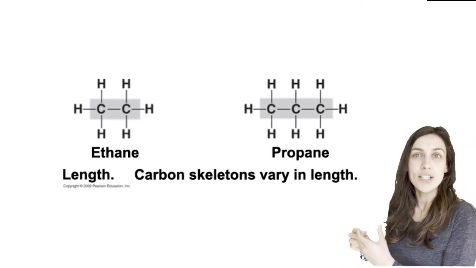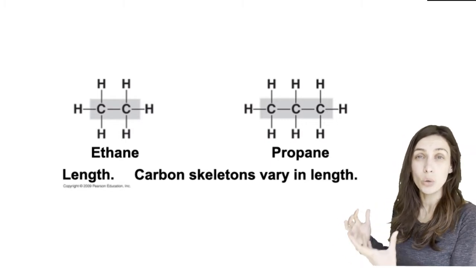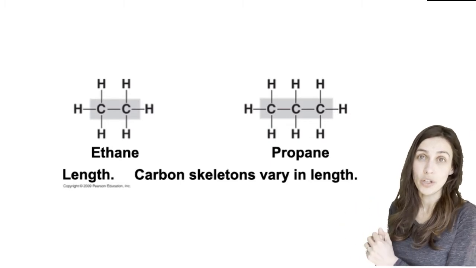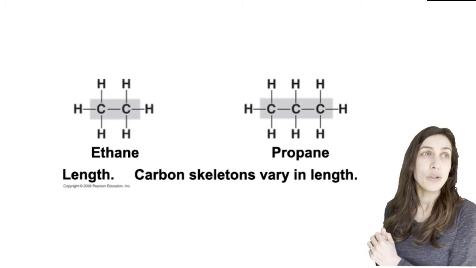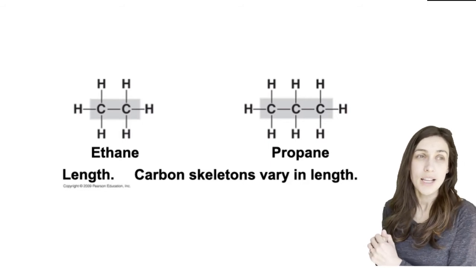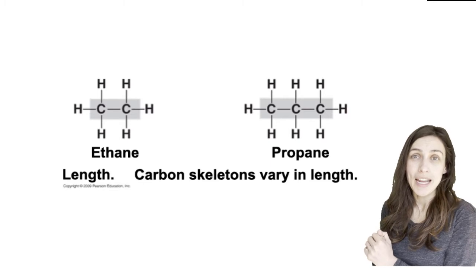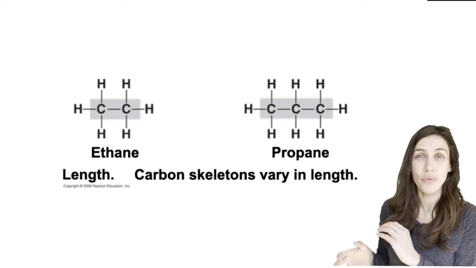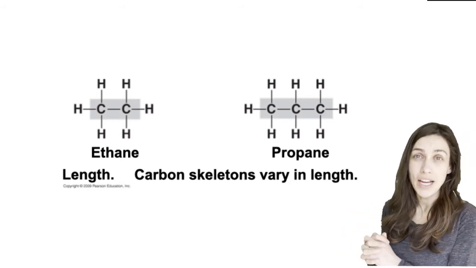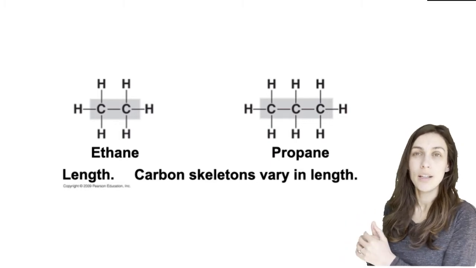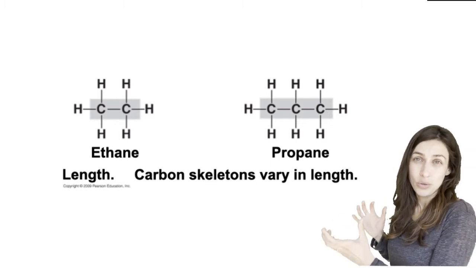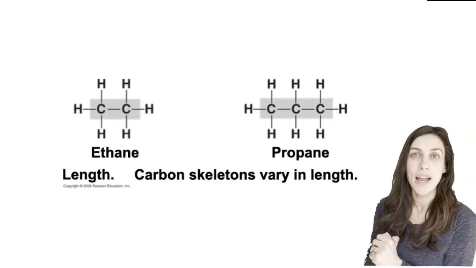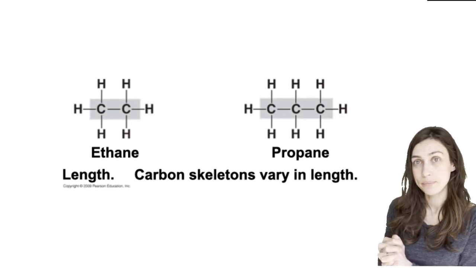We call these all hydrocarbons because they only have hydrogen and carbons as part of their structure. Some molecules that you might be familiar with that are hydrocarbons, other than the ones I've already named, are like gasoline. Molecules in your gasoline are between 4 and 12 carbons long, surrounded by hydrogens by covalent bonds.